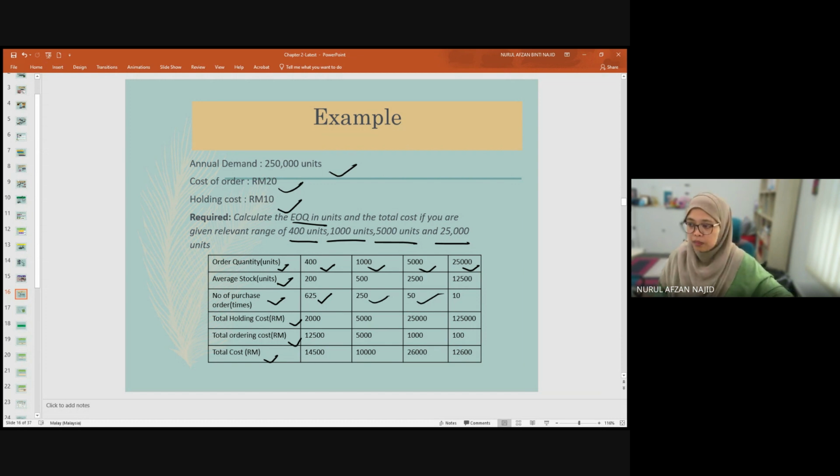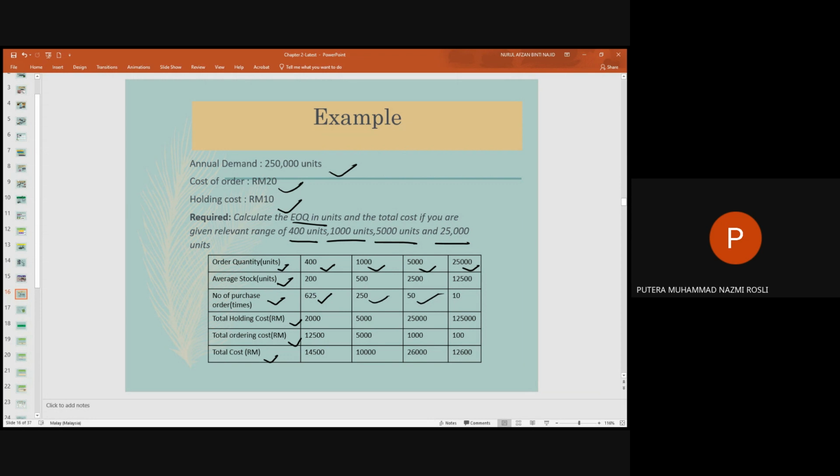Okay. Now, madam nak tanya, which one the EOQ? You nak order berapa sebenarnya? 400, 1,000, 5,000 ataupun 25,000? Which one? Anyone respond? 1,000 unit.